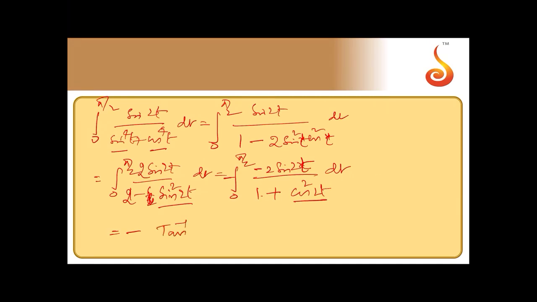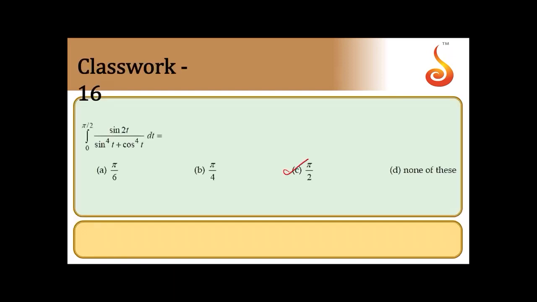So we get tan inverse of cos 2t, limits from 0 to pi by 2. Cos pi is minus 1, and tan inverse of minus 1 is minus pi by 4. And cos 0 is 1, tan inverse of that is pi by 4. So the answer is pi by 2. Yes, of course, the answer is C.